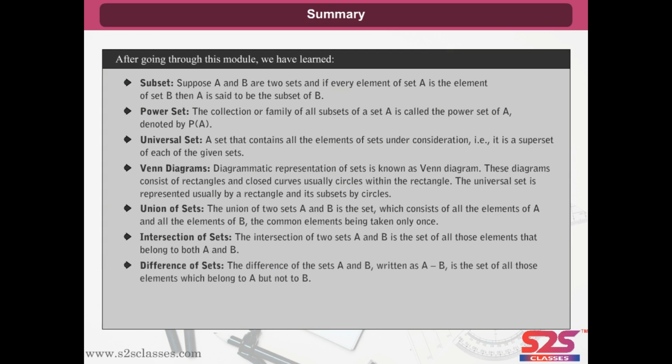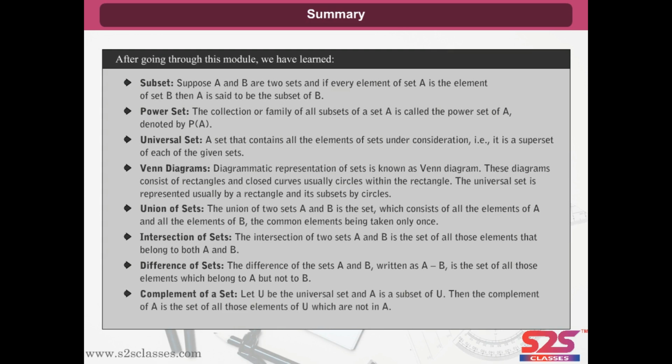The difference of the sets A and B, written as A minus B, is the set of all those elements which belong to A but not to B. Complement of a set. Let U be the universal set and A is a subset of U. Then the complement of A is the set of all those elements of U which are not in A.